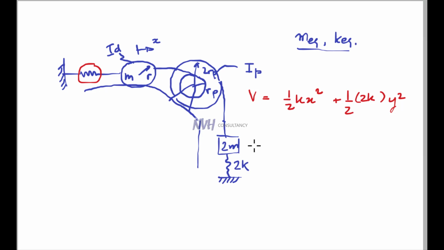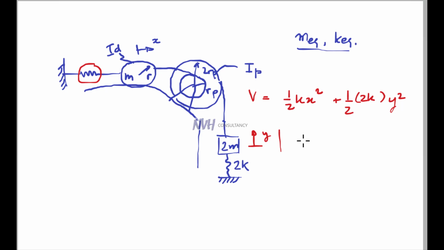So the motion of this is in the y direction. The spring will have a motion in the y direction. Its stiffness is equal to 2k.